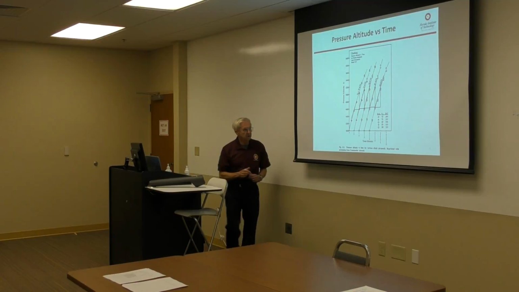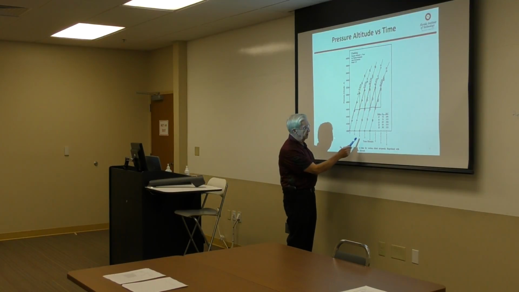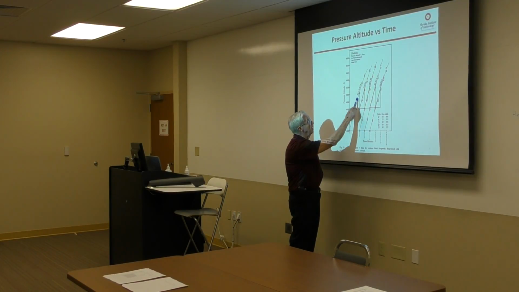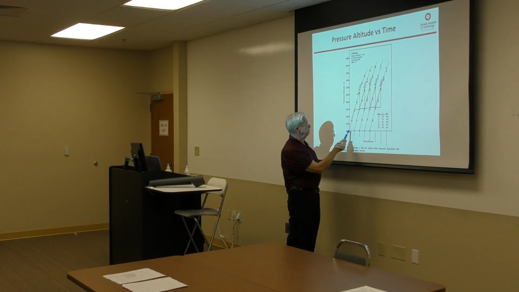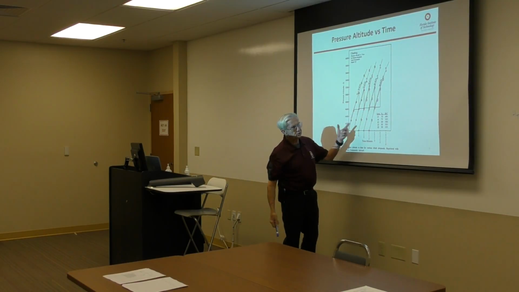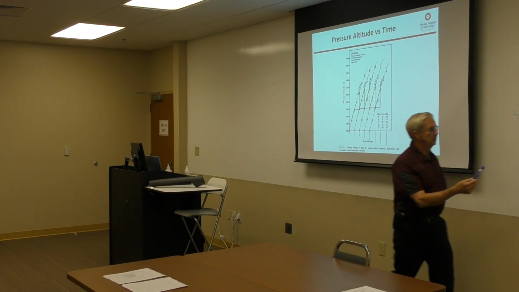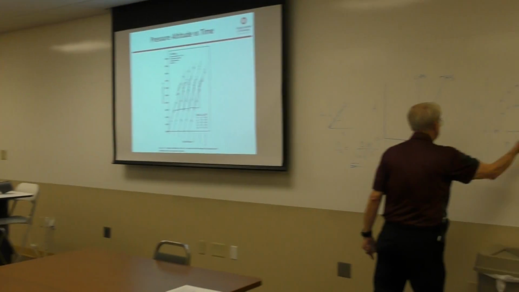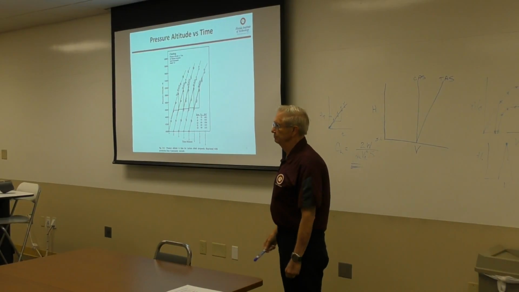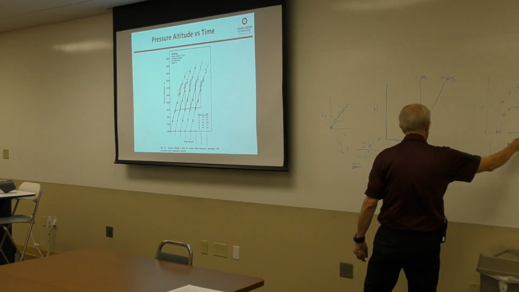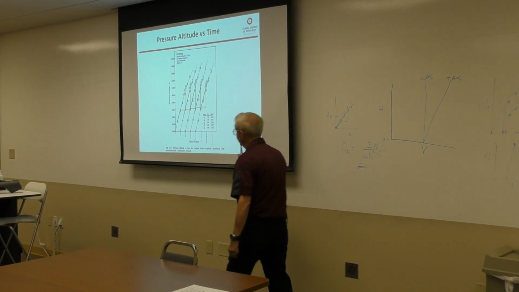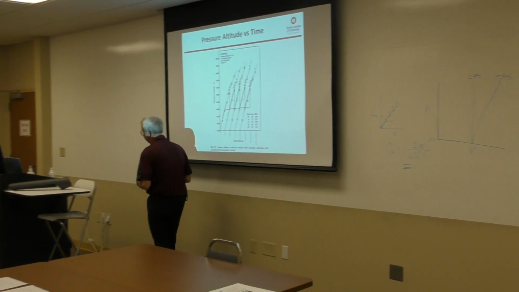Notice these are different climbs. This is at 70, 75, 80, 85, 90, and we started all of them at 4,000 feet. So this would only give you one of these curves. So you'd have another set of plots that would look like that to get this curve. And if you did a third one, you'd have a third set of plots like that.